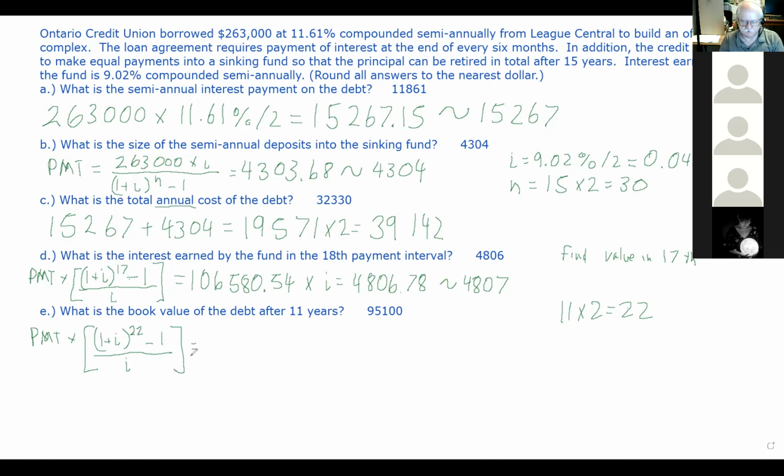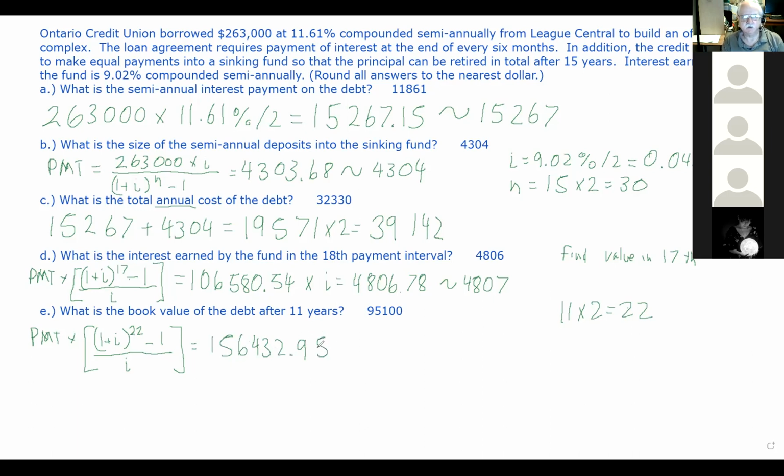And what do we get there? Recall 1 plus 1, y to the x 22 minus 1 divided by recall 1 times the payment of 4304. And I'm getting 156,432.95.